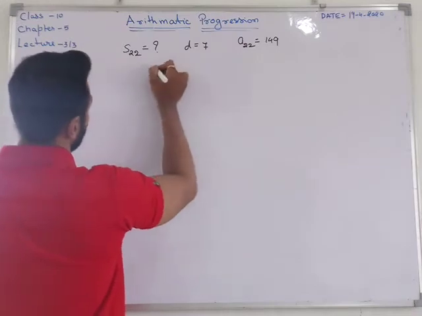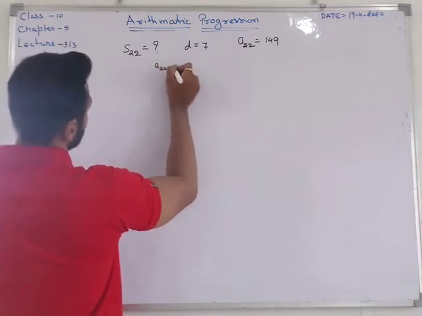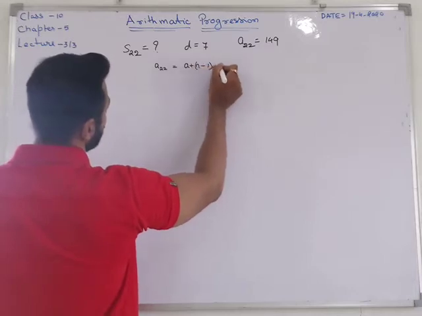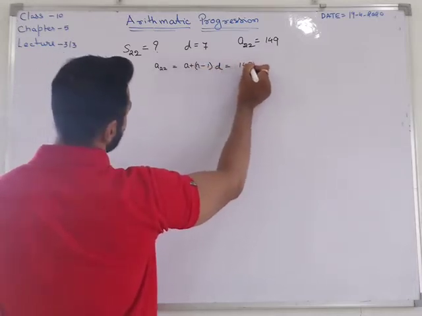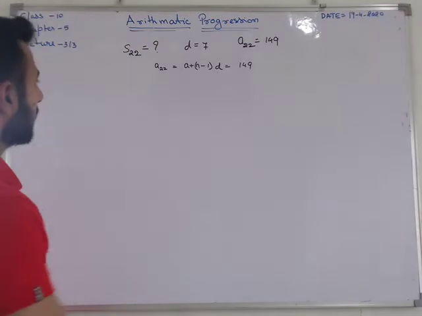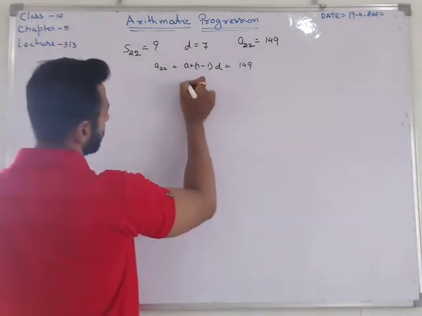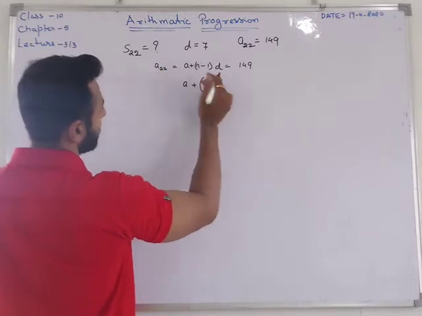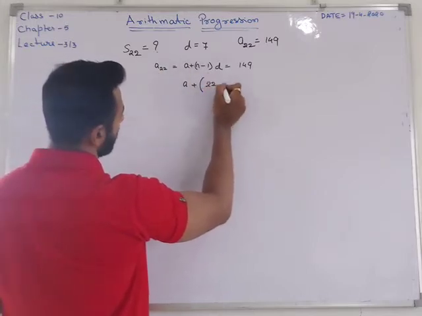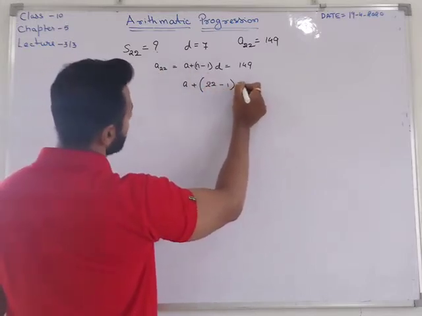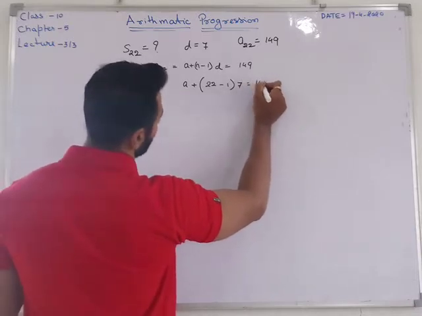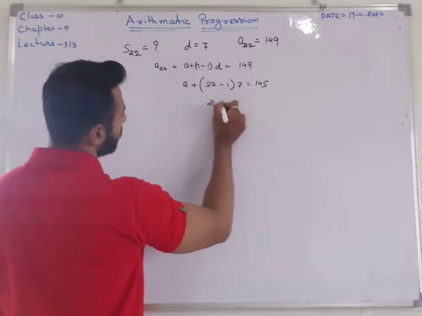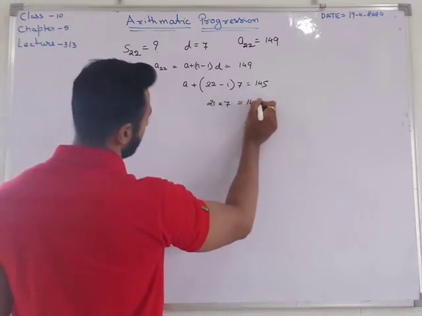Here a22 is a plus n minus 1 into d is equal to 149. The value of a we don't know, so we keep a as it is. This is the 22nd term, so n is equal to 22, minus 1, into d. d is 7, 149. 22 minus 1 will be 21 into 7.